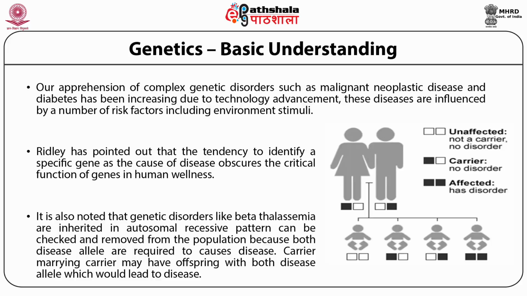The second child is a carrier but has no disorder. In the same way, the third child is a carrier but has no disorder. But the fourth child is affected with the disorder. That shows that this autosomal recessive inheritance pattern is very clear.